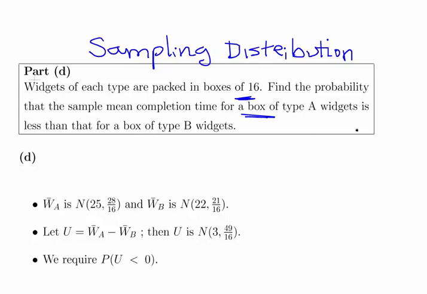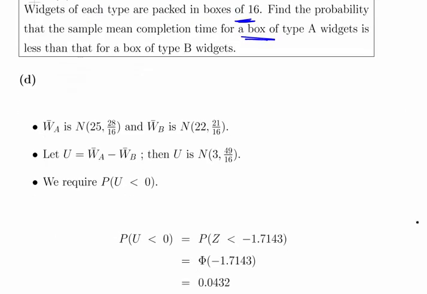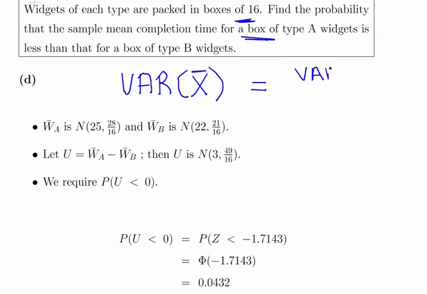Now, essentially what we're doing here is the variance of a mean. Here x is just any random variable. The variance of a mean from a sample size n is computed as the variance of x divided by n.